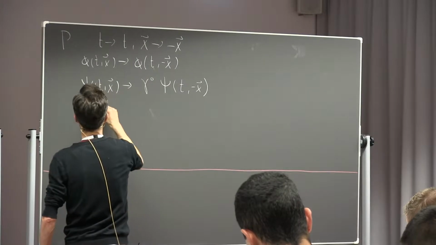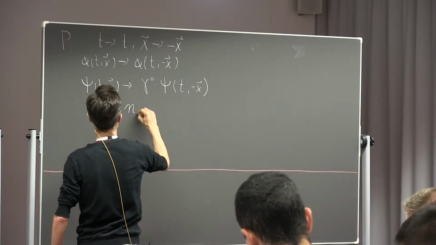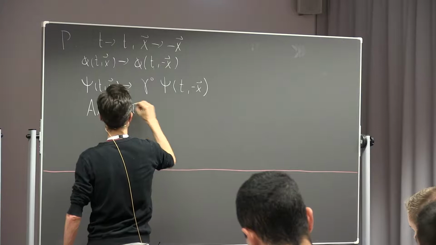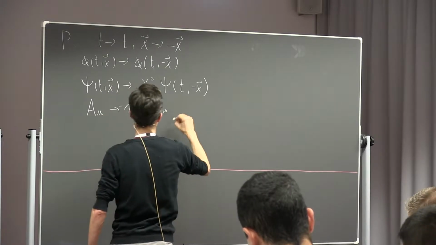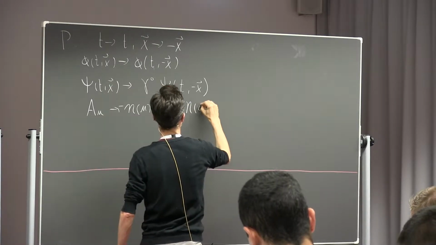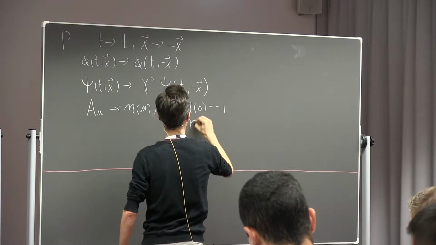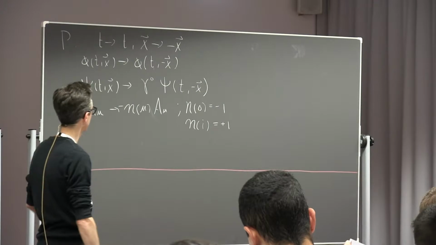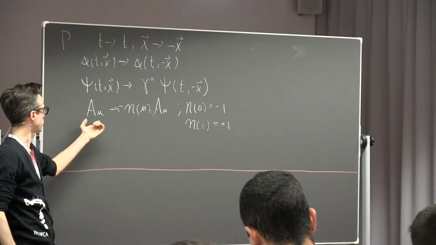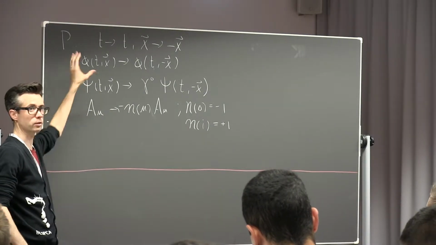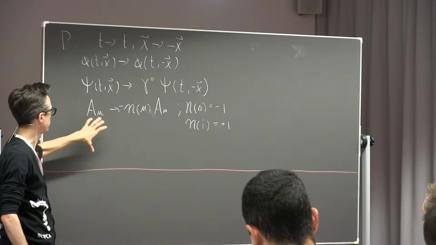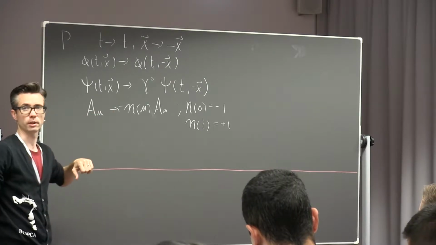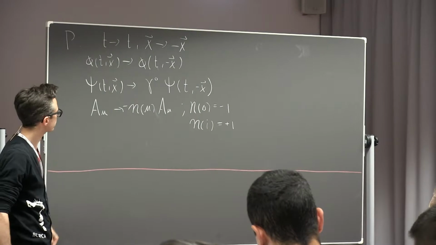And A mu goes to eta mu A mu, where eta 0 is minus 1, and eta for the spatial components is plus 1. So this is just a fancy way of saying that the spatial components of the vector field transform like a vector, and the time component doesn't change under parity.